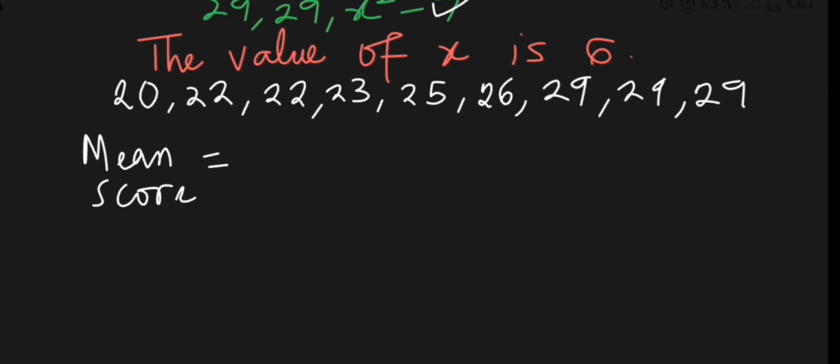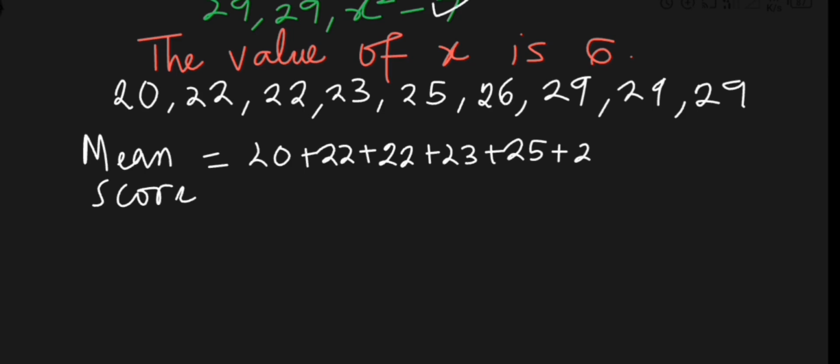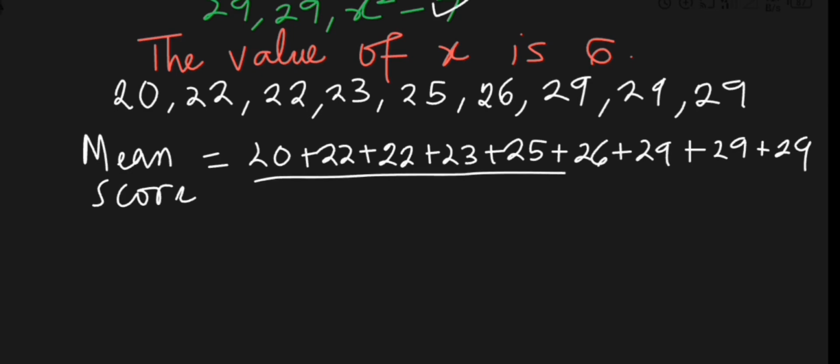That is, the mean score is the sum of 20, 22, another 22, there is 23, 25, 26, and 29 in 3 places. All these divided by 9, which is the number of applicants.